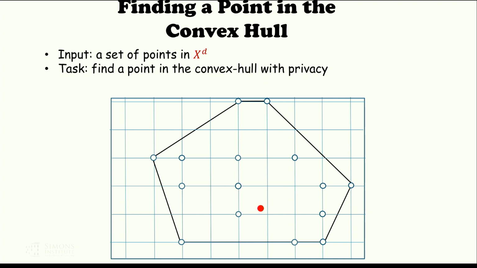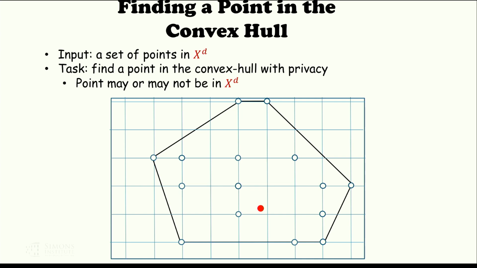For example, we can choose the red point. The point may or may not be in x to the d. The output of the algorithm doesn't need to be in the grid, and actually, the algorithms that we'll present will not return a point in the grid.